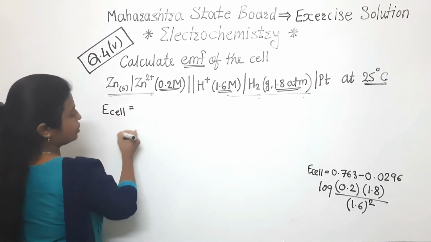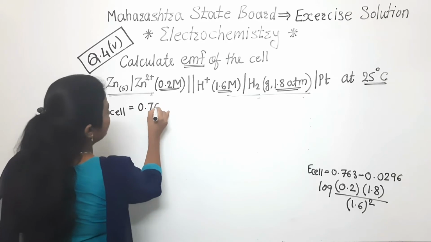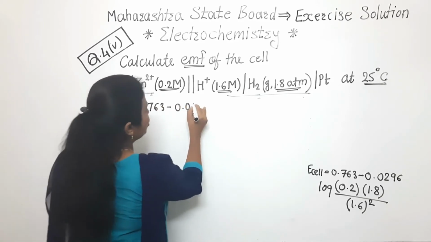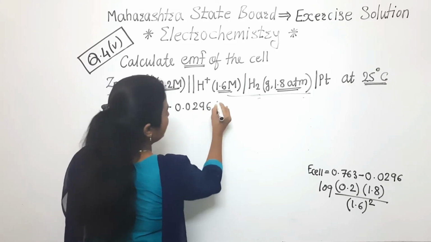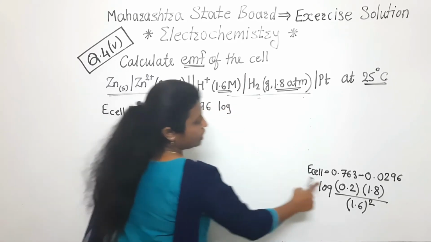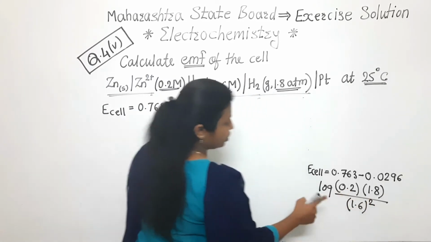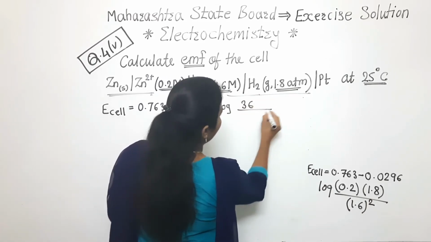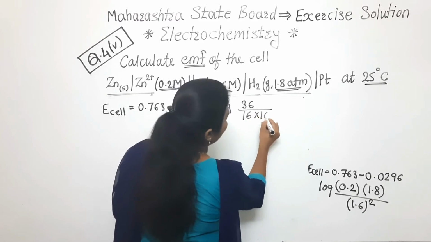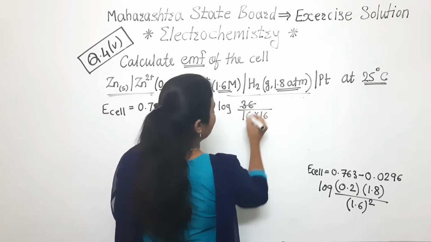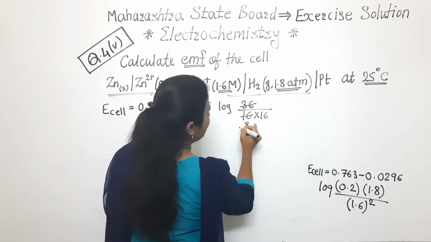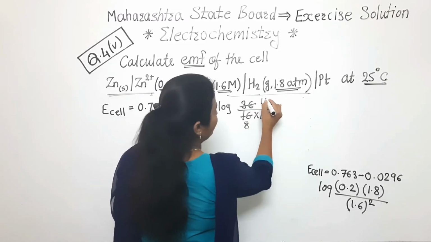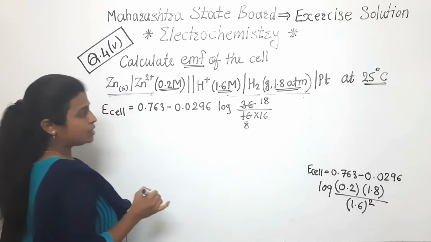E cell is equal to 0.763 minus 0.0296 into log of. Here we are shifting that decimal, and then we will get 36 divided by 16 into 16. After dividing, 2 8s are 16, 2 1s are 2, after that 2 18s are 16.